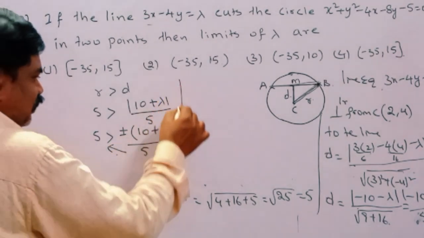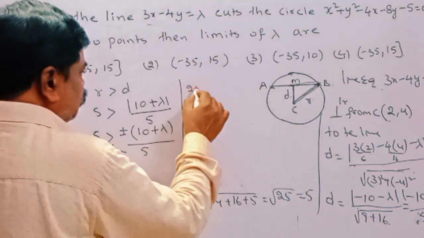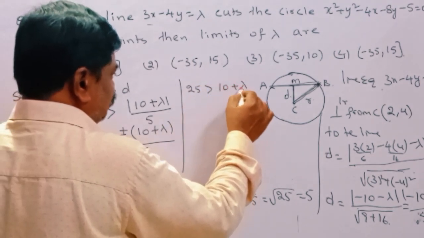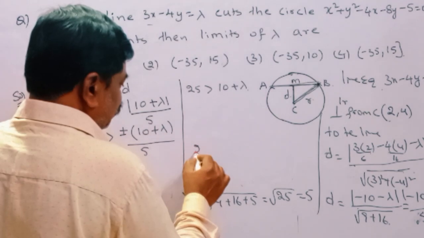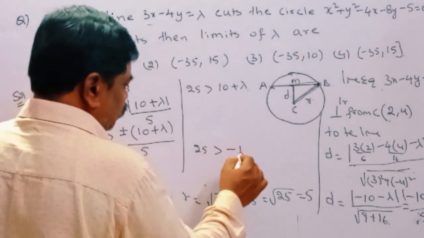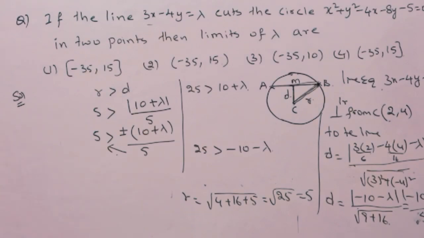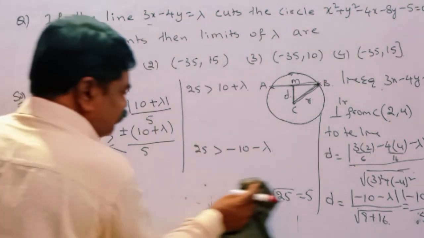By cross multiplication, you can write 25 greater than 10 plus lambda, one condition. 25 greater than minus 10 minus lambda is another condition. Two conditions are there. Okay, all of you.